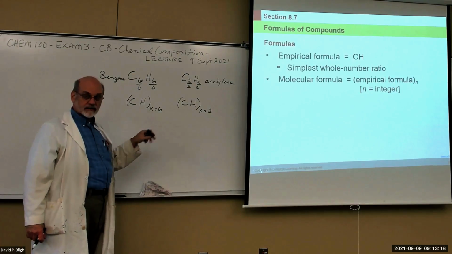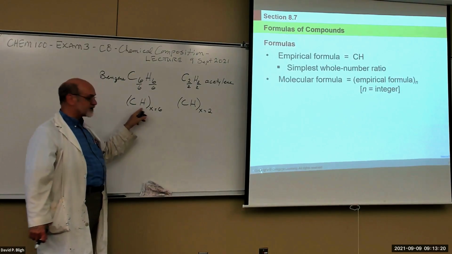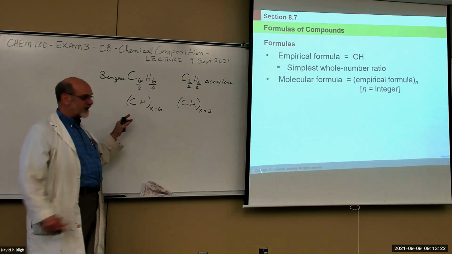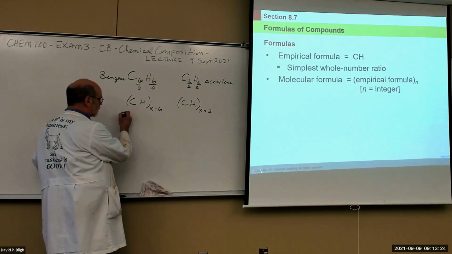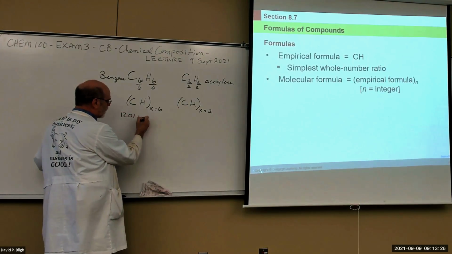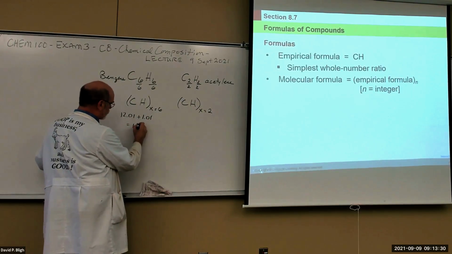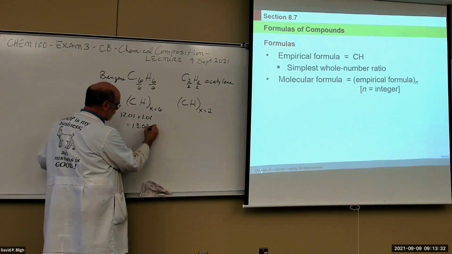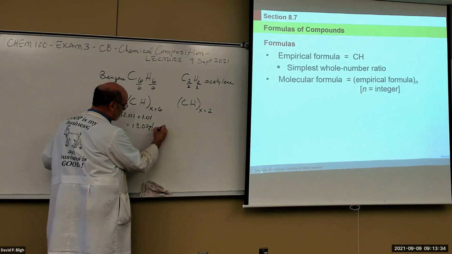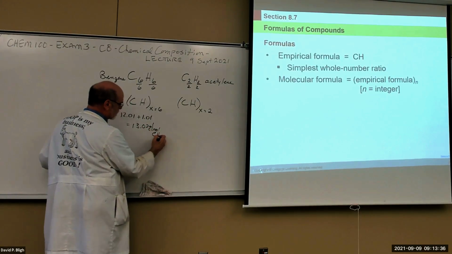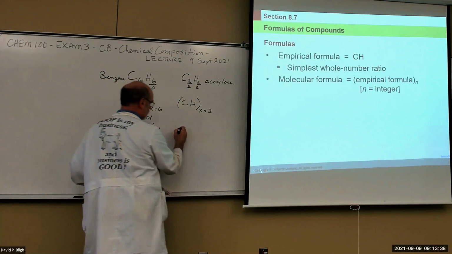That's not the compound, but that's a representation. That formula says the empirical formula is 12.01 plus 1.01. So it's 13.02 grams per mole of CH. It's the same for both of them.